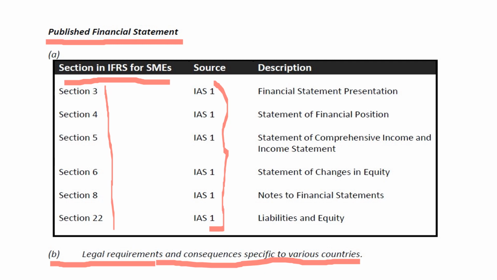In addition, there are a couple of videos on my channel which deal with the preparation of these things, and you will see the different formats for the preparation of the financial statements from there. Okay, so let's move on to the next.